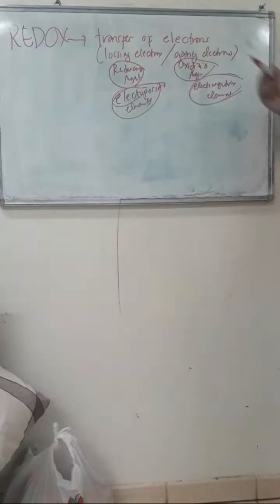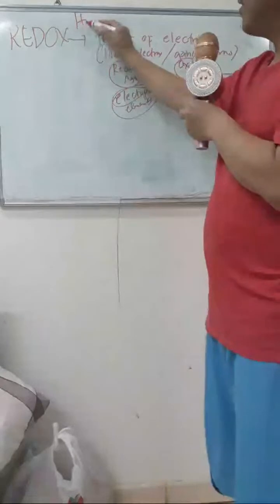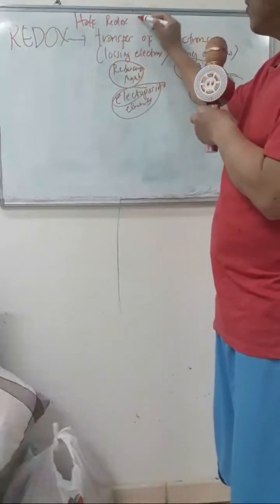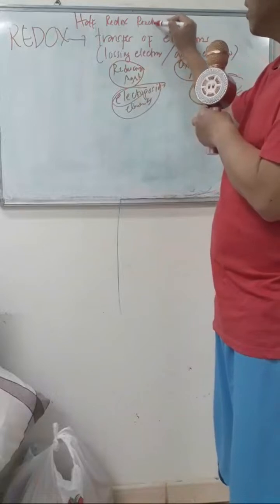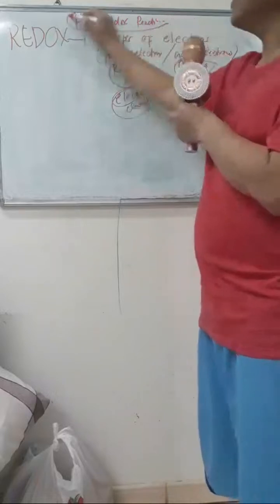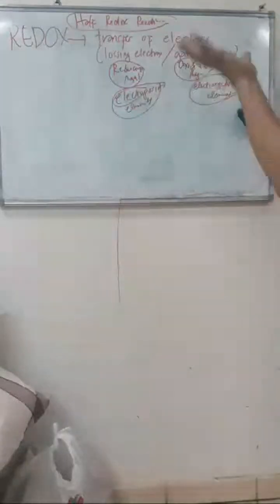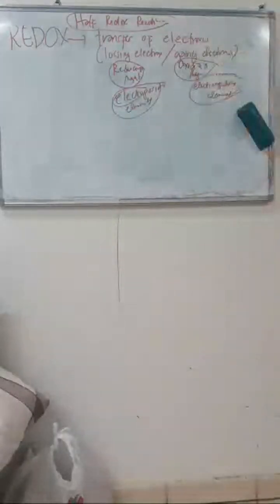Now, our topic is half redox reaction. In half redox reaction, I will introduce you to the basic steps. Do you already have this information, class? Not yet. I will erase now.